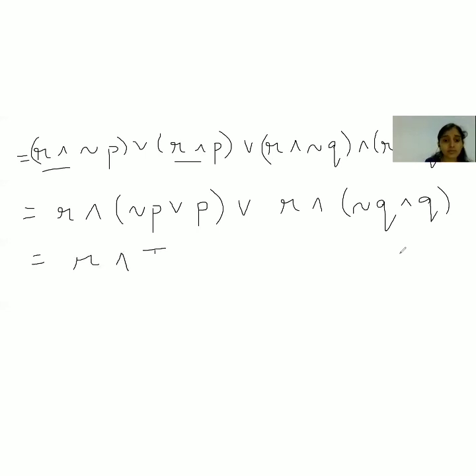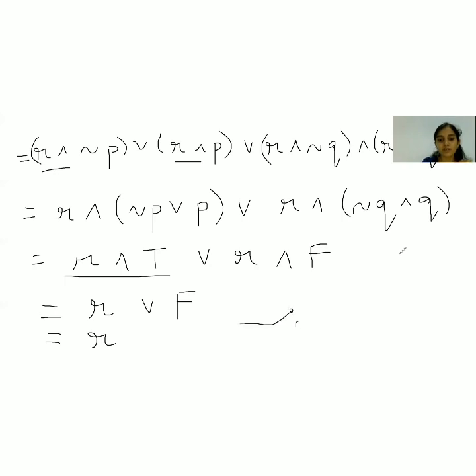It is true, or R and what is negation Q and Q? It is F. Now, what is R and T? It is R, or R and F, it is F, identity law, and therefore R or F will be R. So we are left with R in the end. So the switching circuit that we'll get is R is represented by S3, so we'll put S3 over here.